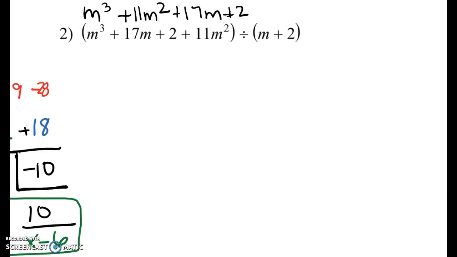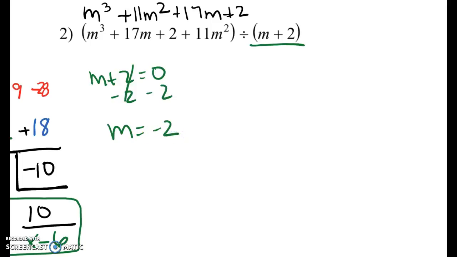And again, I don't have any missing terms here. I have m cubed, m squared, m, and 2, so I'm good. For my divisor, I have m plus 2. Let's find what value goes outside my synthetic division. So I'm going to put a negative 2 on the outside.